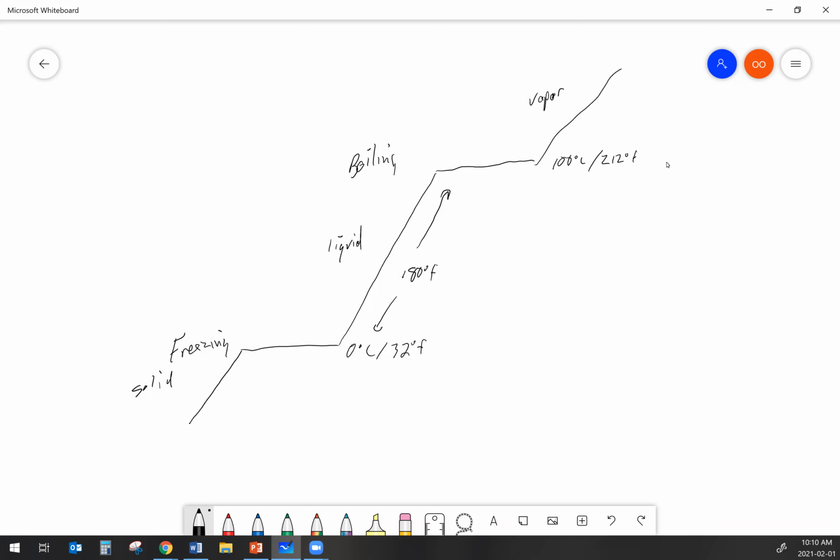So if I add 1 BTU, and let's assume the amount of water we're talking about here is 1 pound, if I add 1 BTU to water in its liquid phase, it goes up 1 degree. So the amount of BTUs needed to get water from 0 to 100 degrees Celsius, or 32 to 212 degrees Fahrenheit, is 180 BTUs.